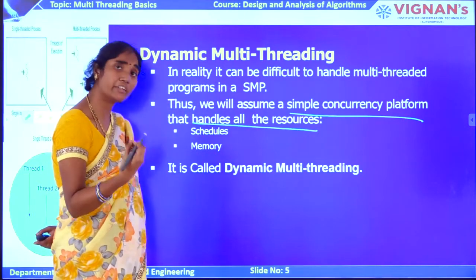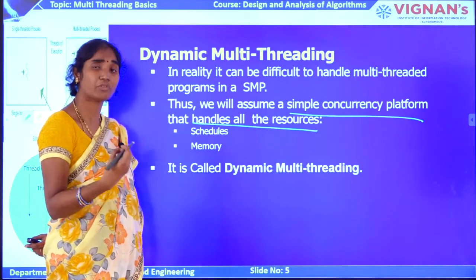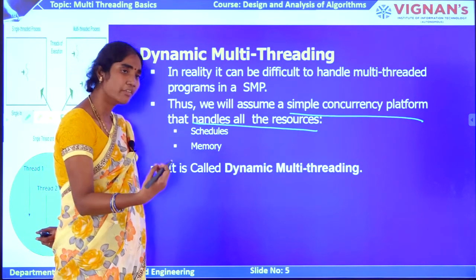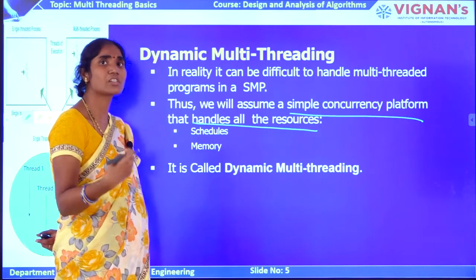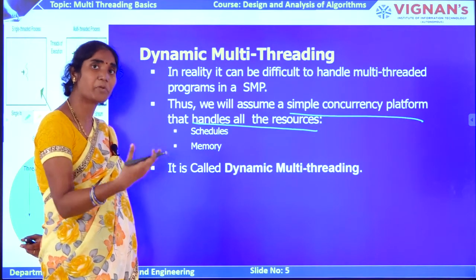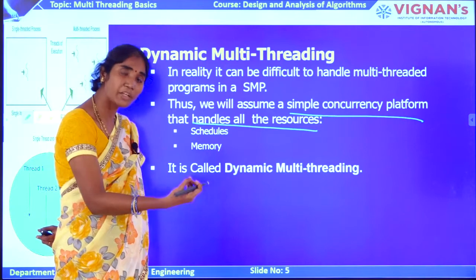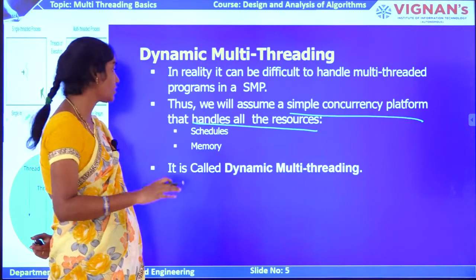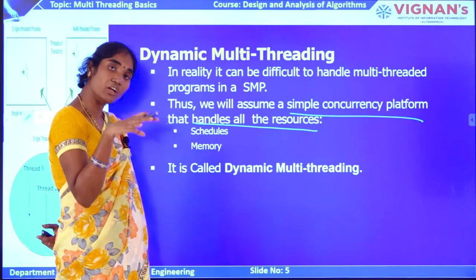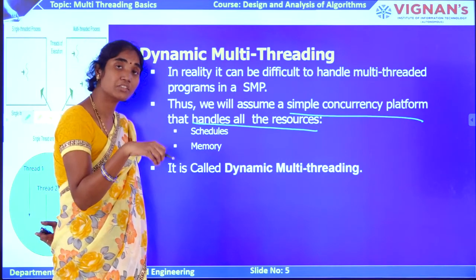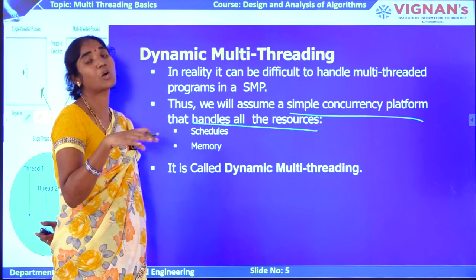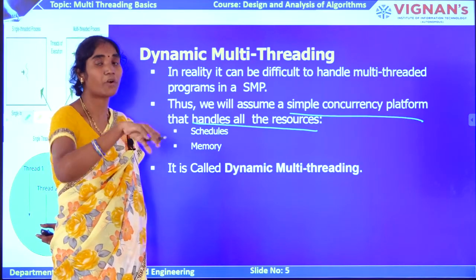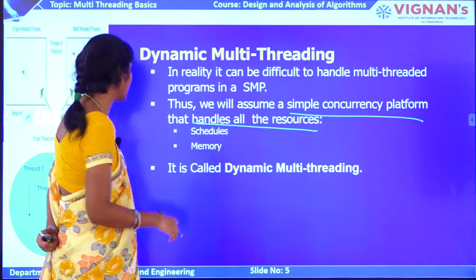Resources may be related to memory or scheduling. We have to schedule, and also we have memory, and hardware resources like a printer may be one of the resources, and memory, cache memory or main memory, will be resources too. We have to make utilization of all these resources concurrently, so that the overall process will be executed fast.